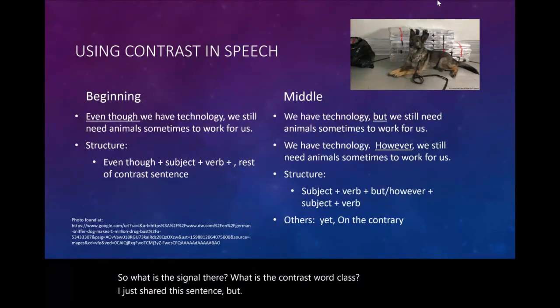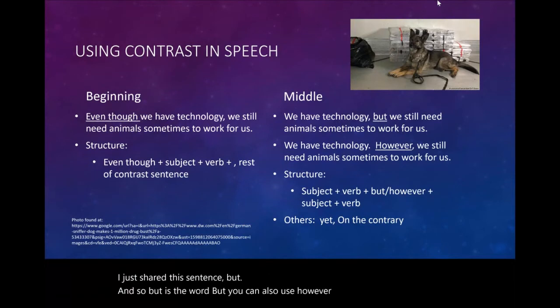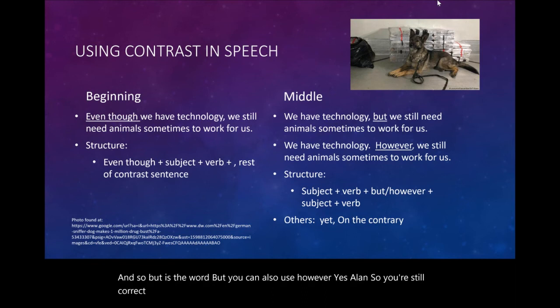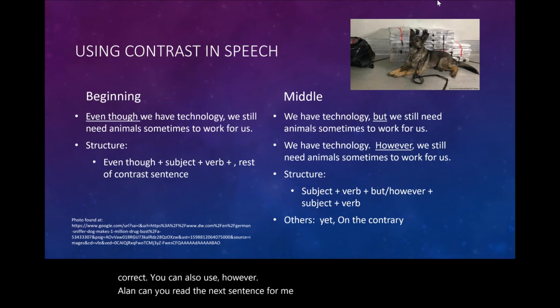And so but is the word, but you can also use however. Yes, Alan, so you're still correct. You can also use however. Okay, so Alan, can you read the next sentence for me that has that however in it? Yes, we have technology, however, we still need animals sometimes to work for us.